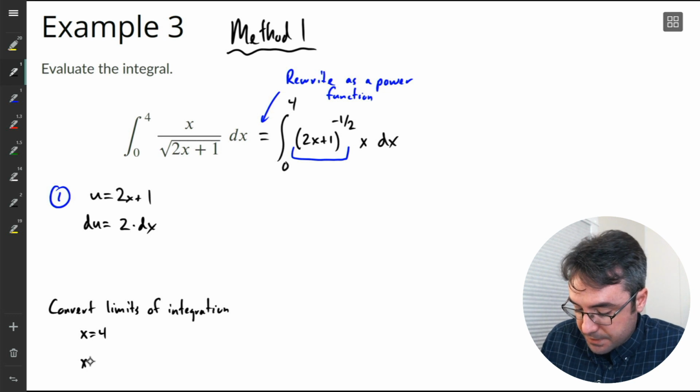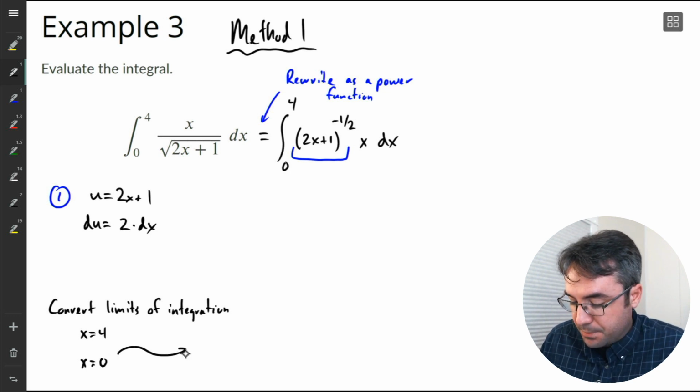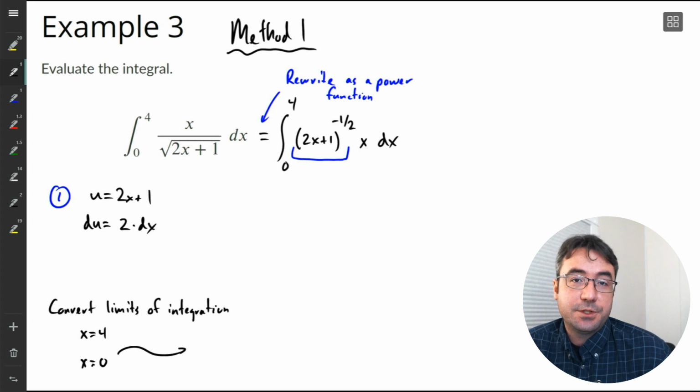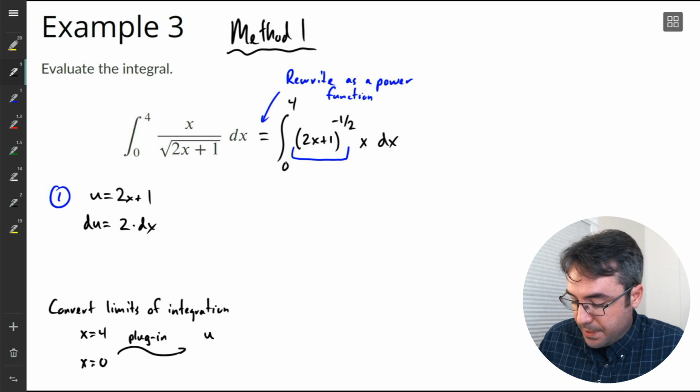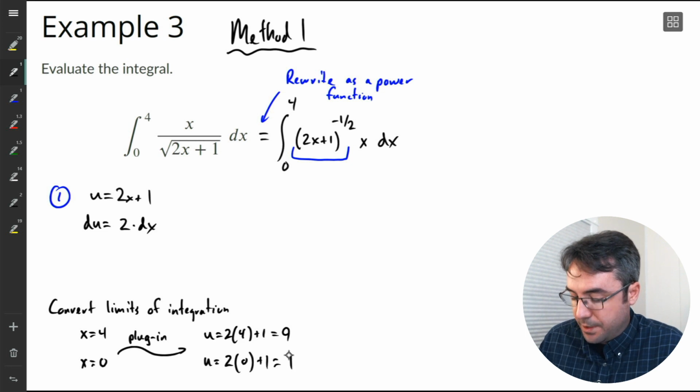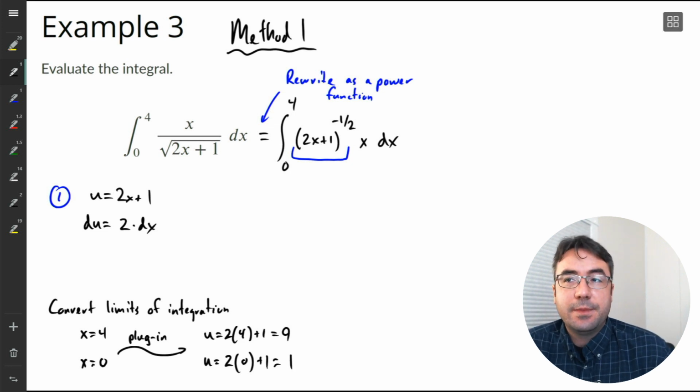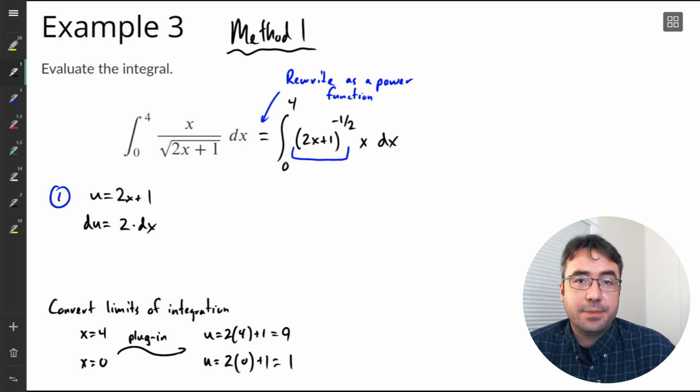Our lower limit was x equals 0. Let's plug those into our equation for u and just see how those switch over. So we get u equal to 2 times 4 plus 1, which is 9. And u equal to 2 times 0 plus 1, which is 1. So our new limits, once we convert everything, our new upper limit is going to be 9, and our new lower limit is going to be 1.